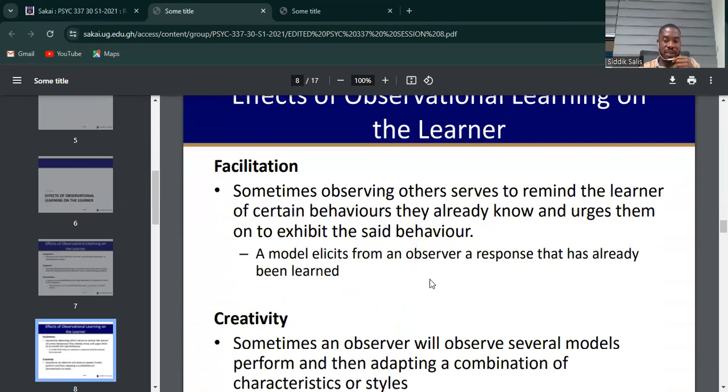Facilitation. Sometimes observing others serves to remind the learner of certain behaviors they already know and urges them to exhibit the said behavior. Some of you are good learners, right? But then your friend takes a book to learn and you think, I have to learn too.